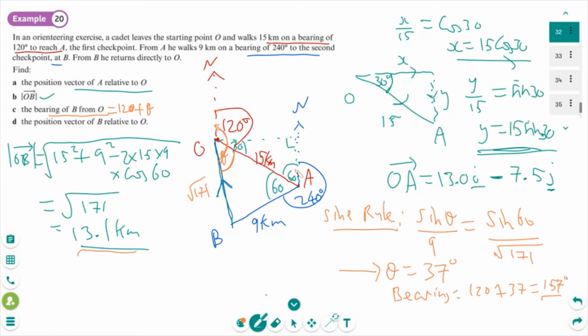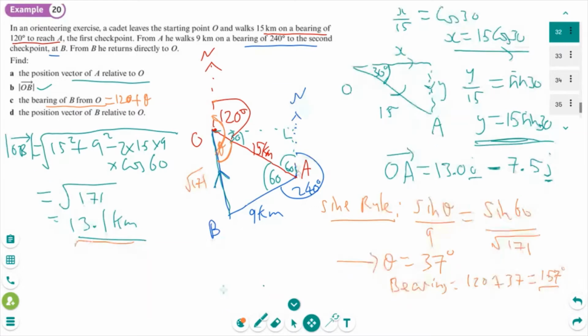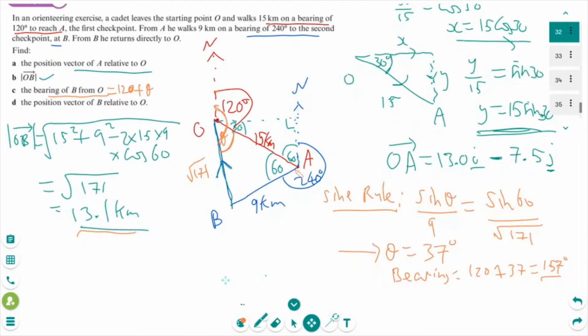Part D, position vector of B relative to O. This is similar to part A. You need to know how far to the right and how far down you go from O to B. If you look at O to B, it is in this direction.